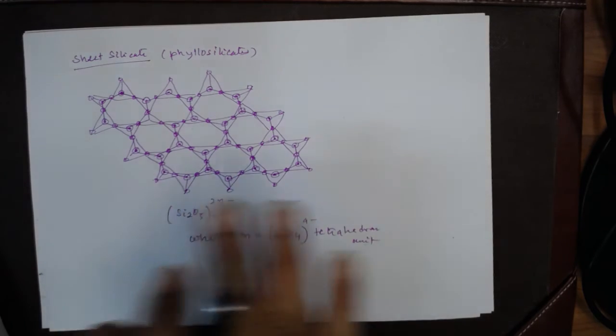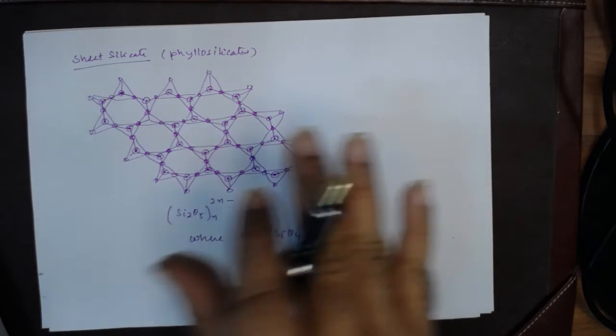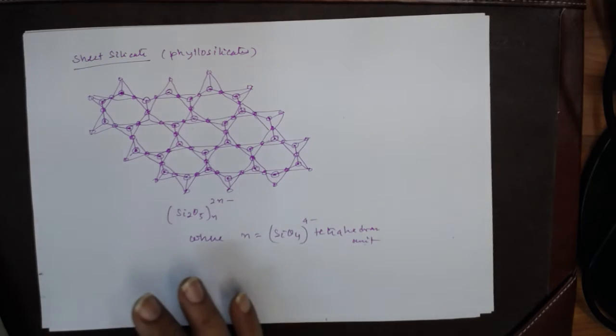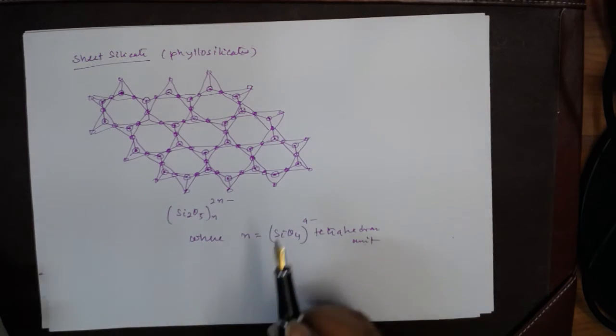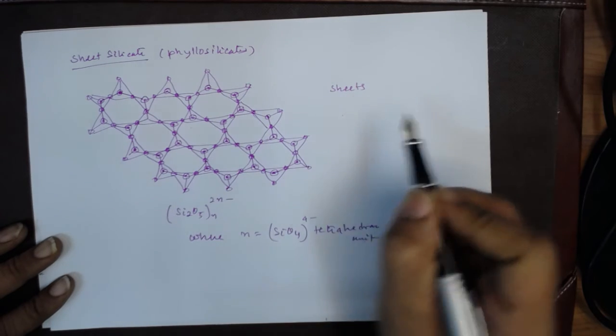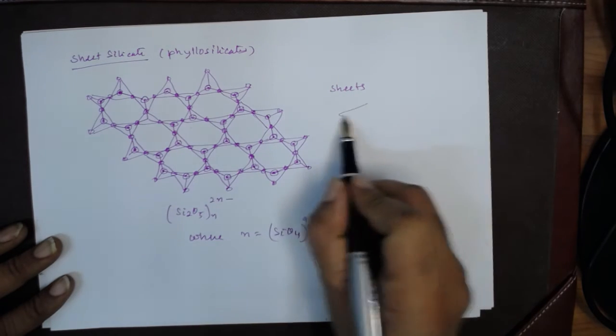They stack over each other and form a beautiful sheet-like network. And they are held together by weak van der Waals force. Let me represent each sheet like this.